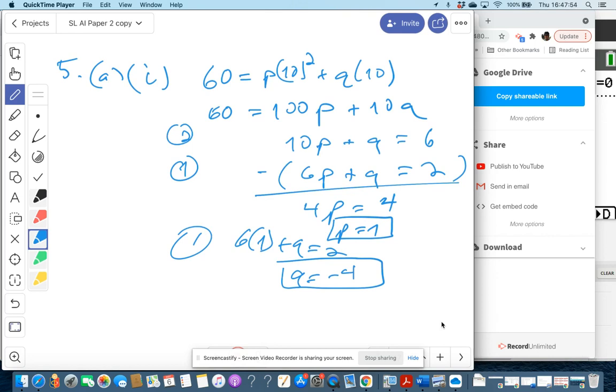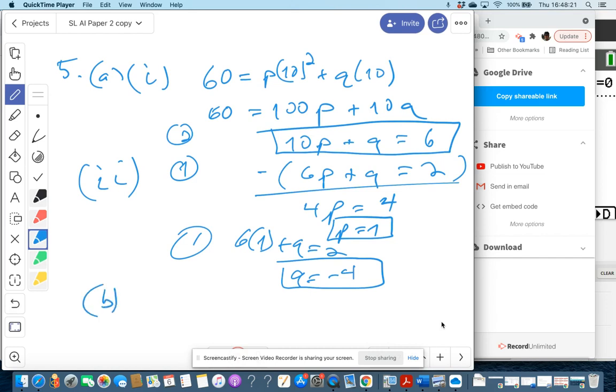That's what they asked for in part ii. First I had to write an equation, that's either one of those, I guess. That's really my equation for part i, and then in part ii I solved the system of equations to find p and q. Okay, so now I have my model, and I'm asked to find the vertex of the model, okay, for part b.